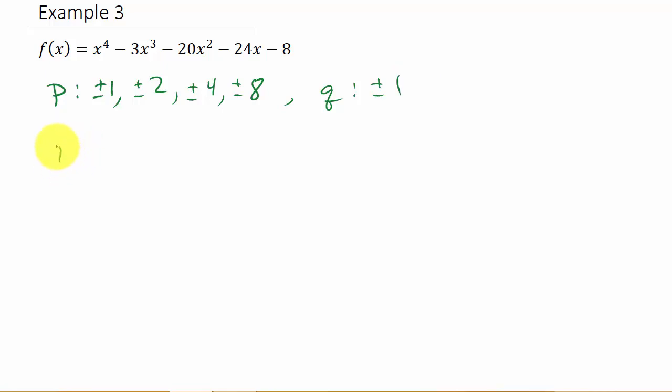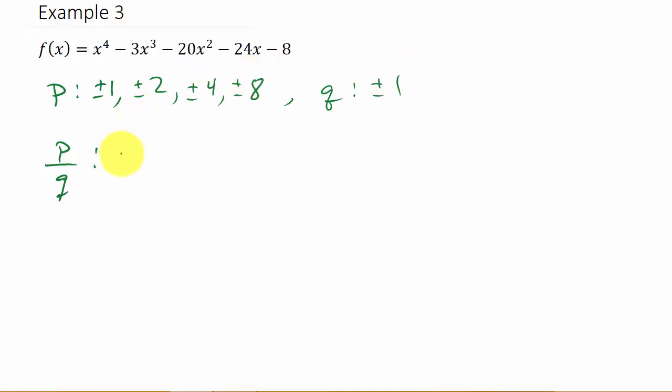So now we need to list p over q. Well, that means we put this over this, the 2 over 1, the plus or minus 4 over 1, and the plus or minus 8 over 1.